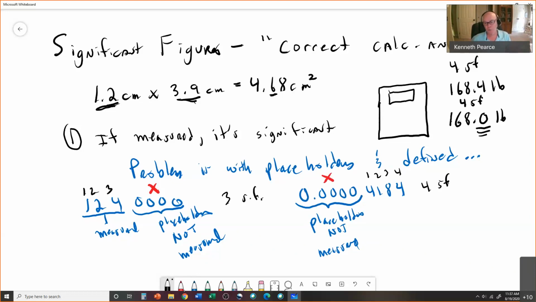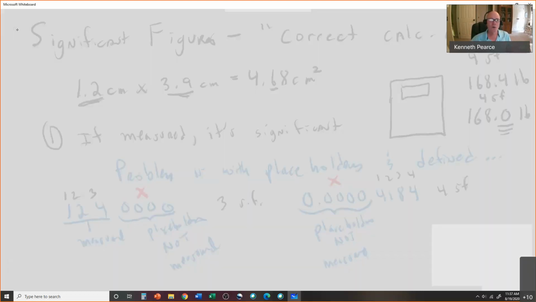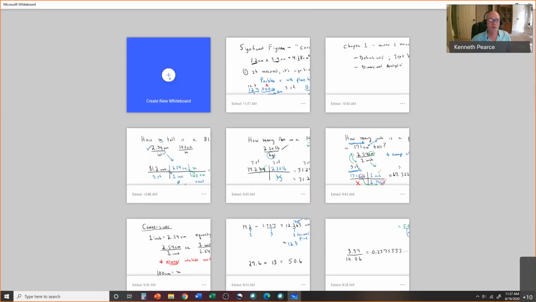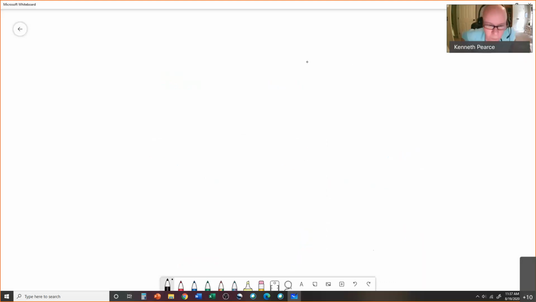We have to have some rules. So how can you tell? The issue becomes determining whether zeros are significant or not significant.